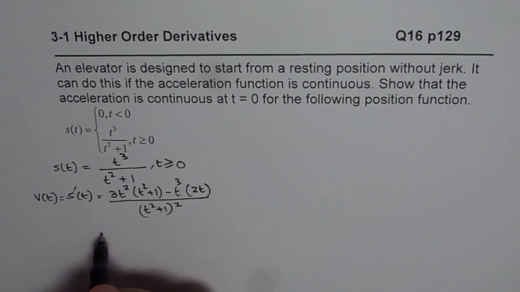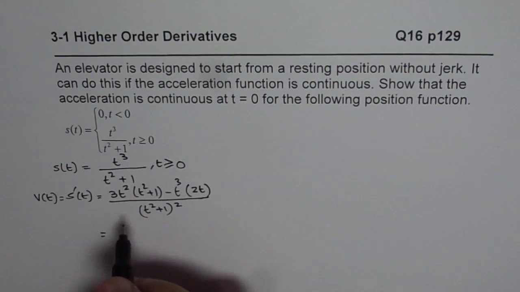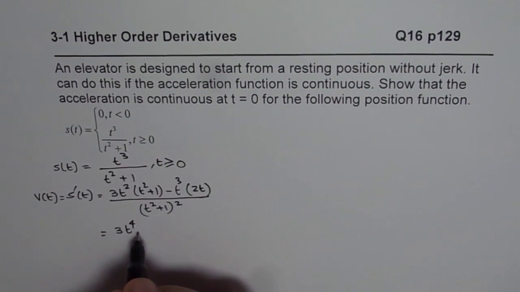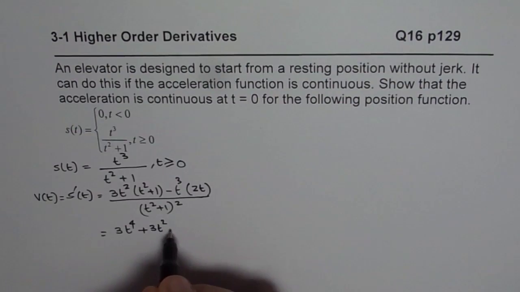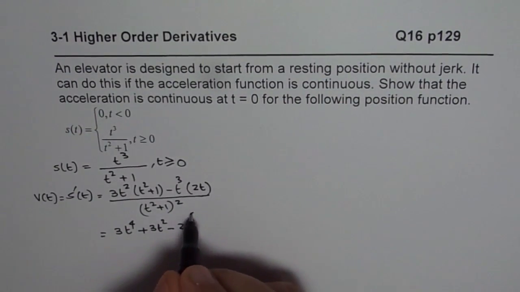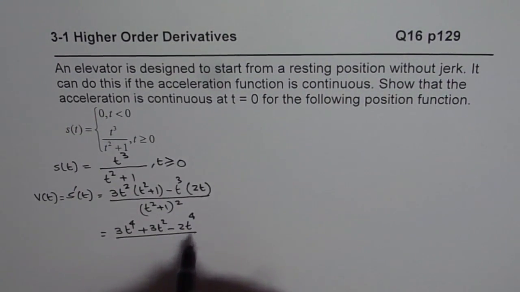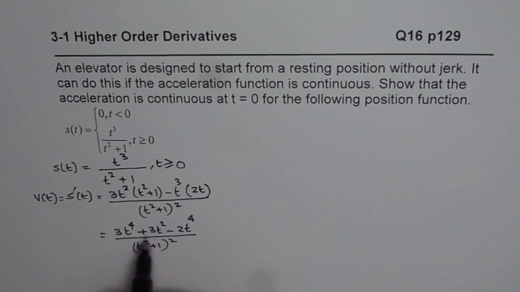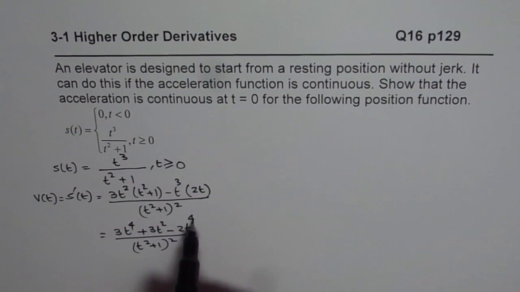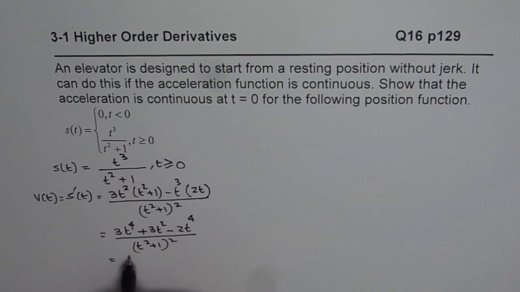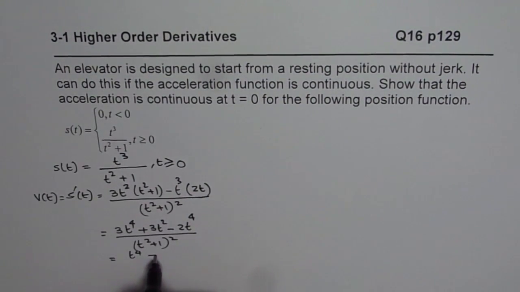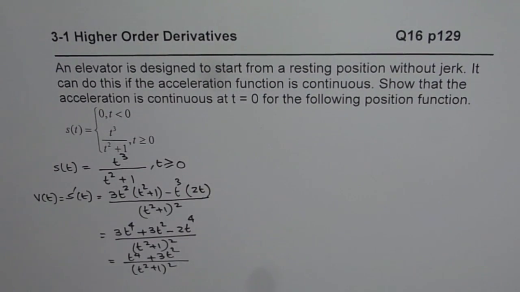Opening the brackets, we have 3t to the power of 4 plus 3t squared minus 2t to the power of 4, divided by t squared plus 1 whole squared. So 3t to the power of 4 minus 2t to the power of 4 is t to the power of 4, and we can write this as t to the power of 4 plus 3t squared, divided by t squared plus 1 whole squared.